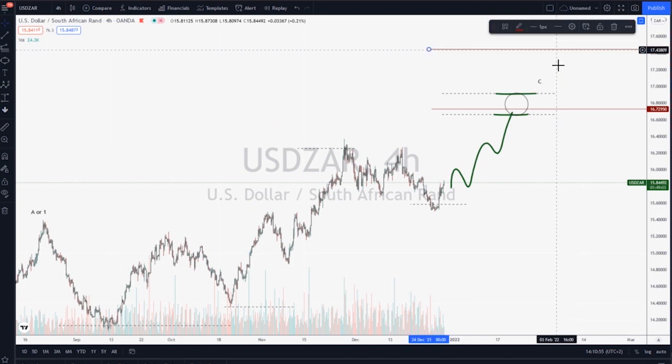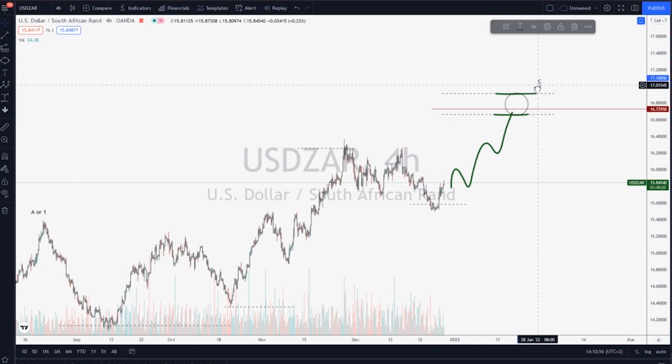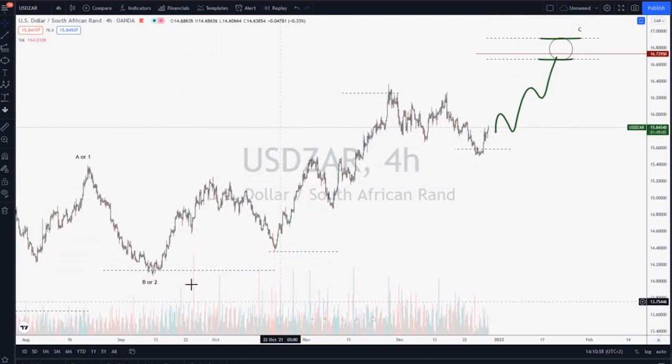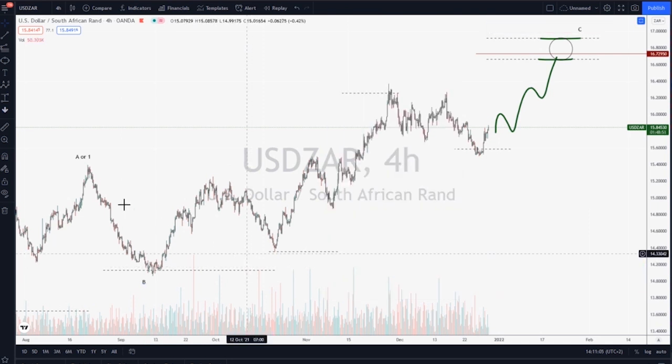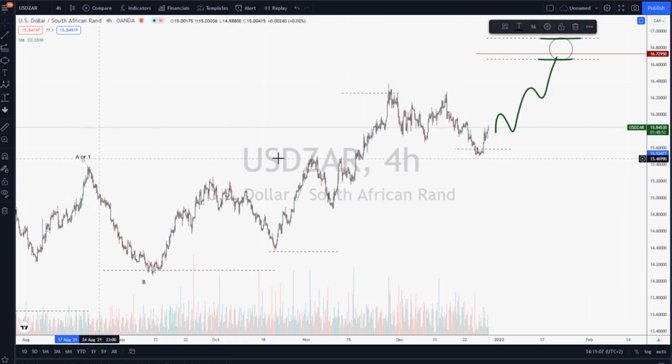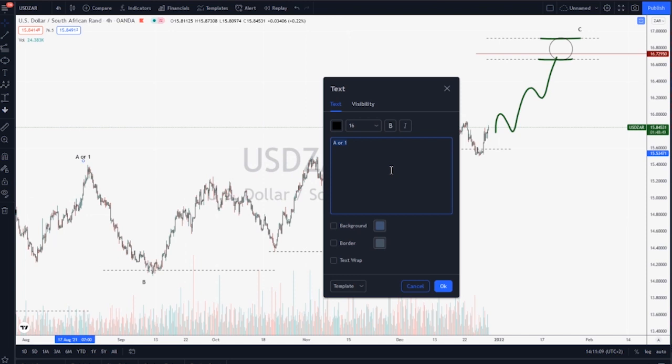Okay, so instead of this being A or B, A01, B02, this is indeed an A, B, C structure.